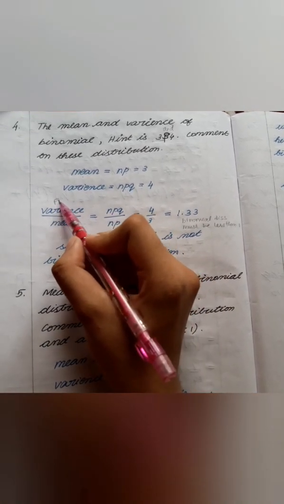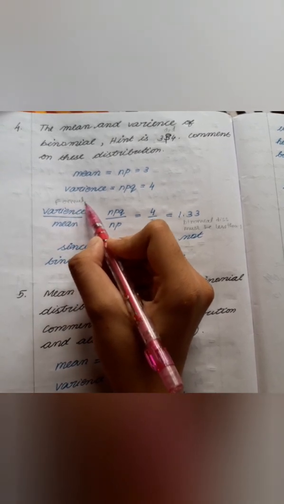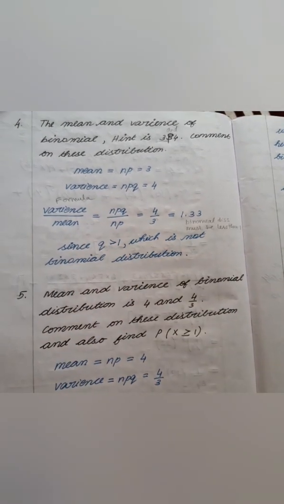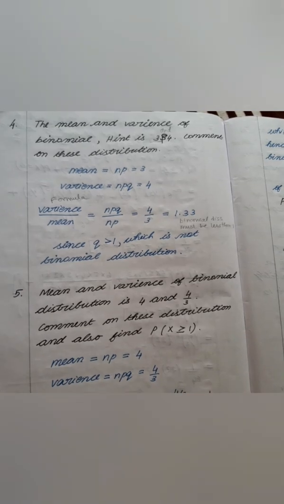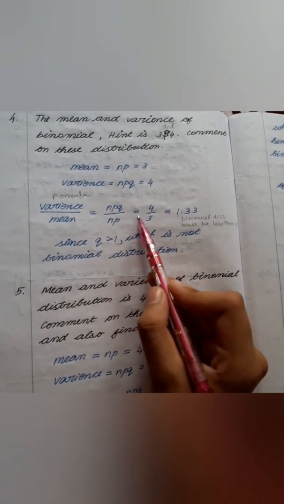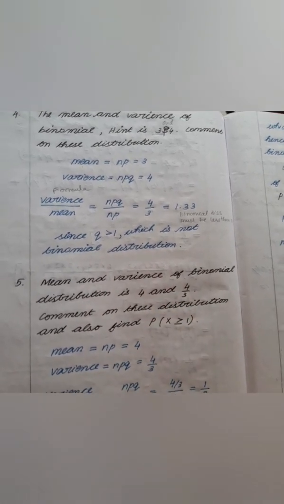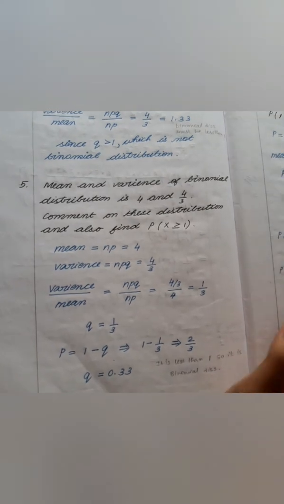Variance by mean is npq divided by np, which is equal to 4 by 3. If we substitute, we get 1.33. Since q is greater than 1, which is not possible for a binomial distribution, because q must be less than 1.